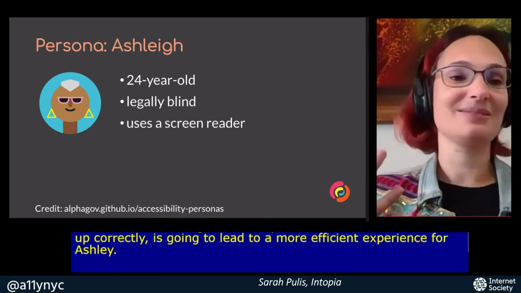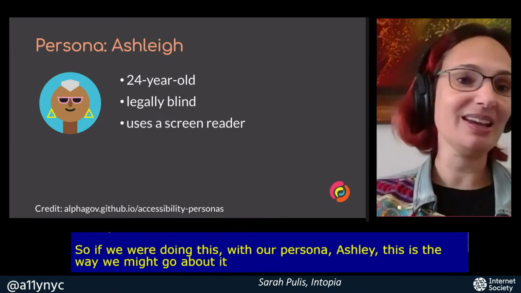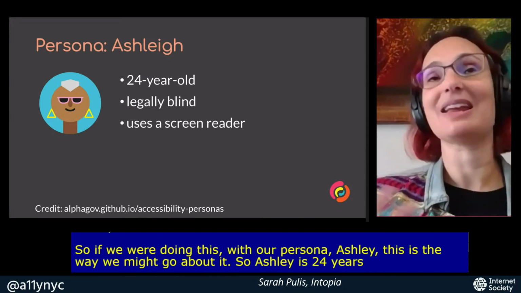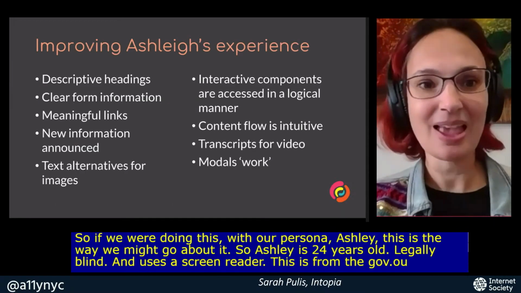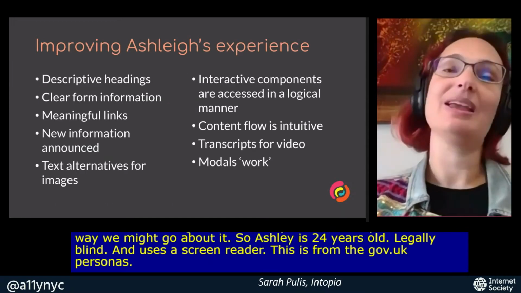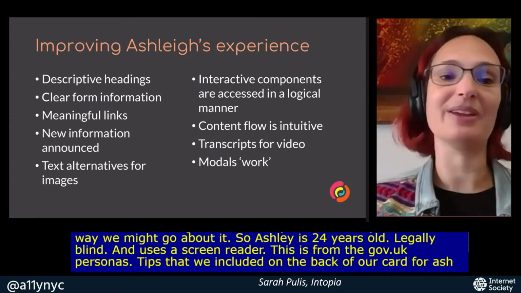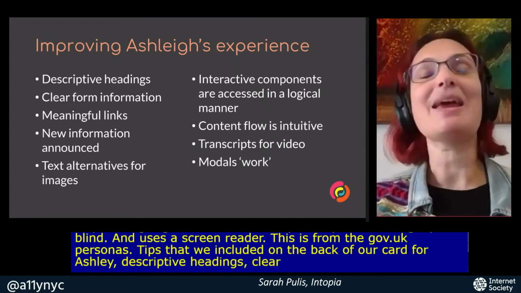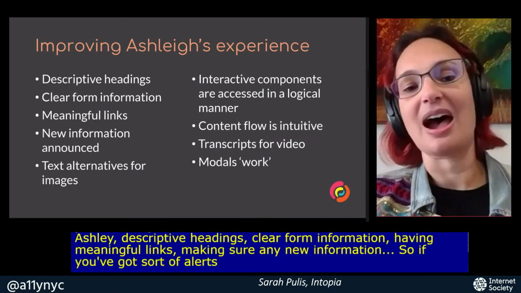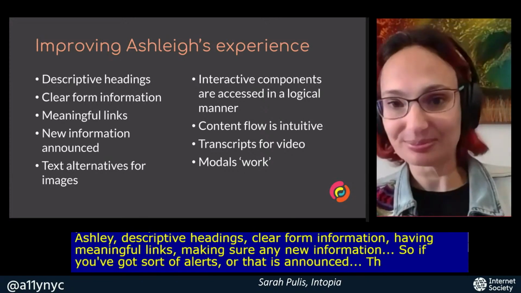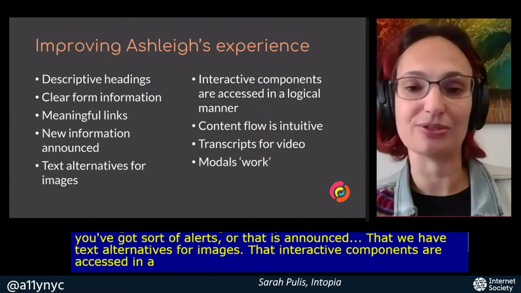So if we were doing this with our persona Ashley, this is the way we might go about it. Ashley is 24 years old, legally blind, and uses a screen reader. This is from the gov.uk personas. Our tips that we included on the back of our card for Ashley were descriptive headings, clear form information, meaningful links, making sure any new information, like alerts, is announced, that we have text alternatives for images, that interactive components are accessed in a logical manner, so a logical flow.